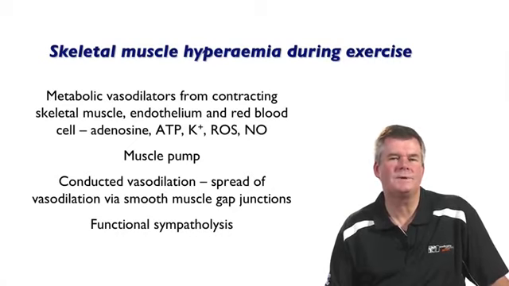What this means is that the vasoconstrictor effects of sympathetic nervous activation, or sympathetic nerves to blood vessels in the active skeletal muscle, is less effective during exercise than it is at rest. And it's thought that some of these metabolic vasodilators desensitize or make less effective sympathetic nerve activity during exercise.